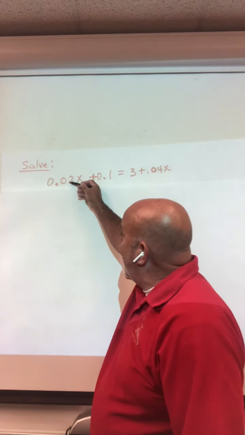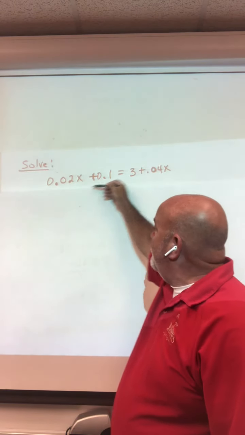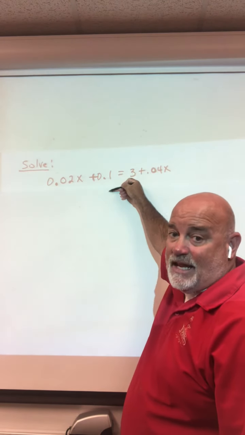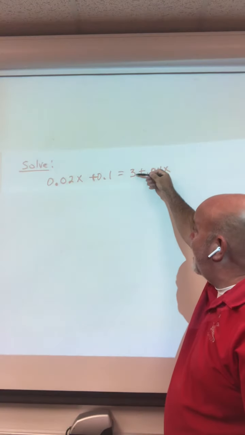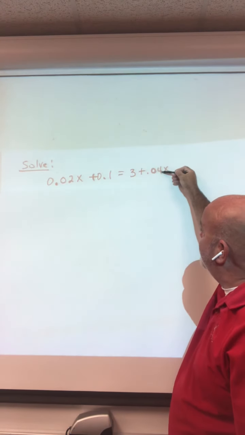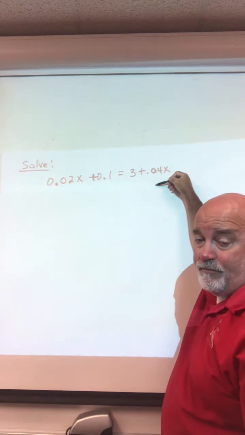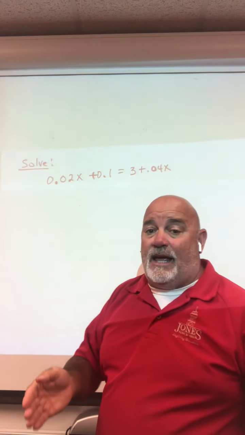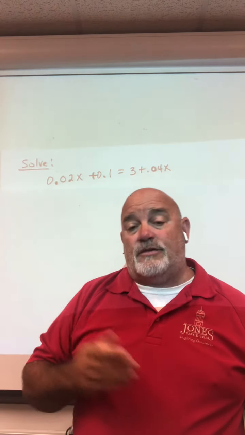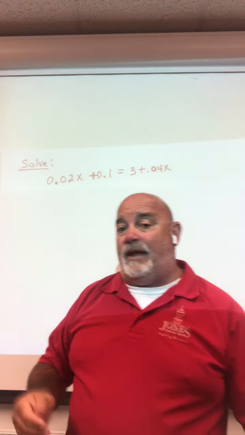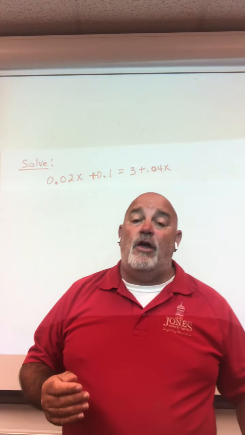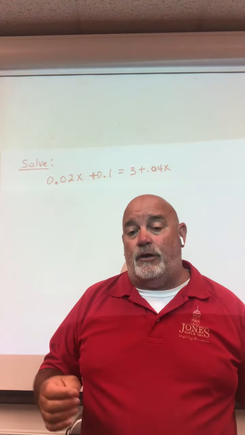So this is a denominator 100. This is a denominator 10. This is a denominator 1. This is a denominator 100. All right, so you've got a 10 and a 100. So what are you going to have to multiply by to get rid of a 10 and a 100? You're going to have to multiply by 100.